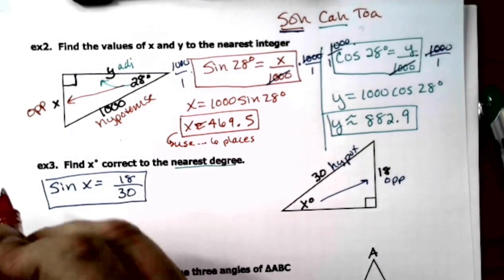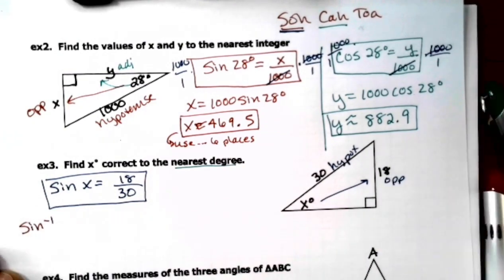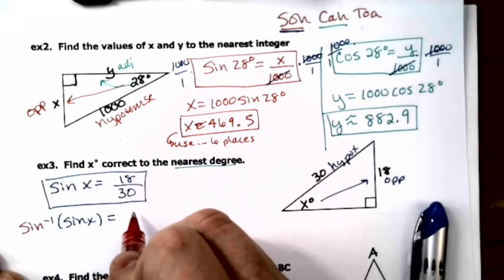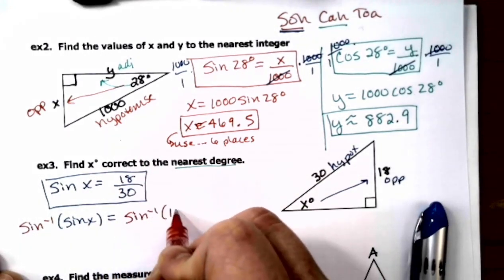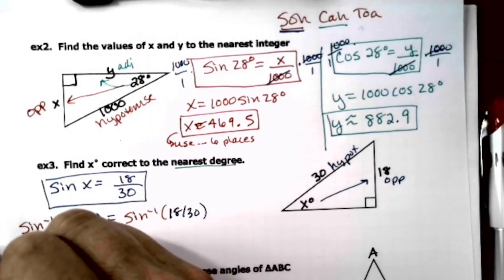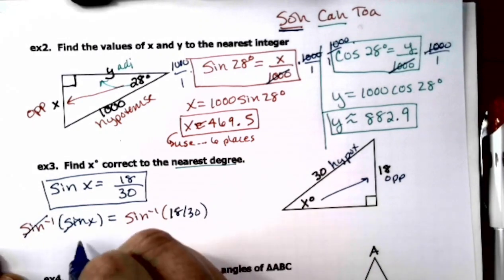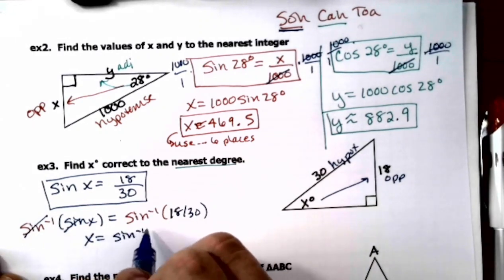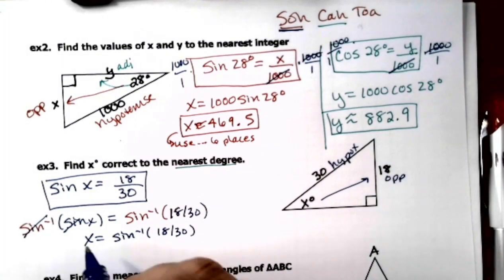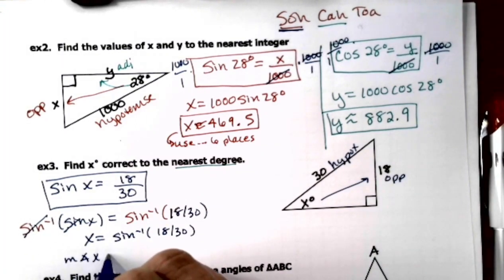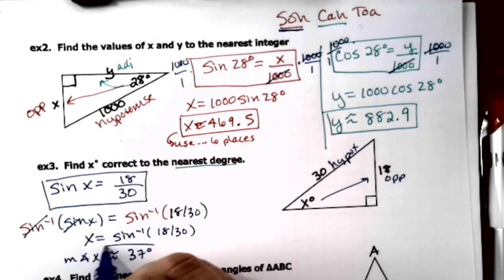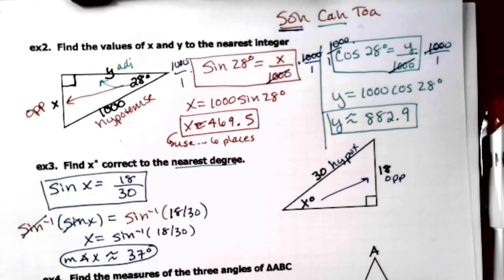But to get the x out of sine, we need to arc sine x, and on the right, we need to arc sine 18 over 30. The arc sine cancels out the sine, and I get x equals arc sine of 18 over 30. And you'd put that through your calculator, and the measure of angle x ends up being, to the nearest degree, 37 degrees. And that would be your answer.